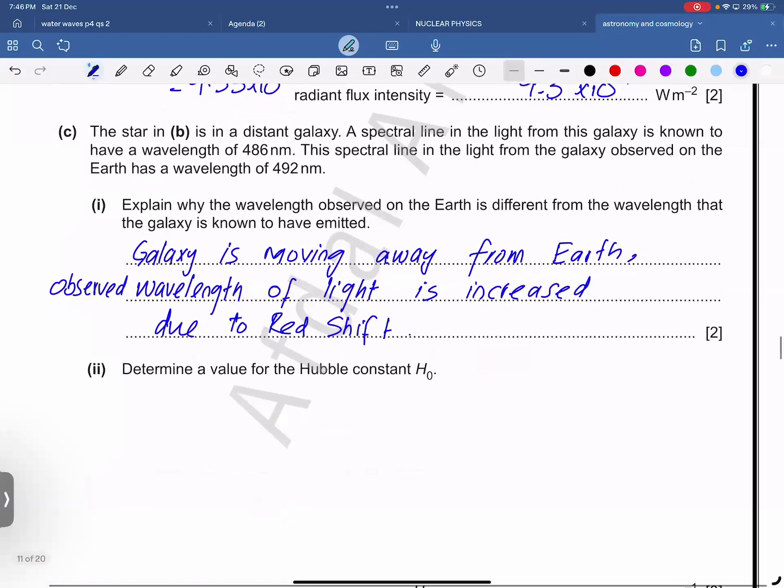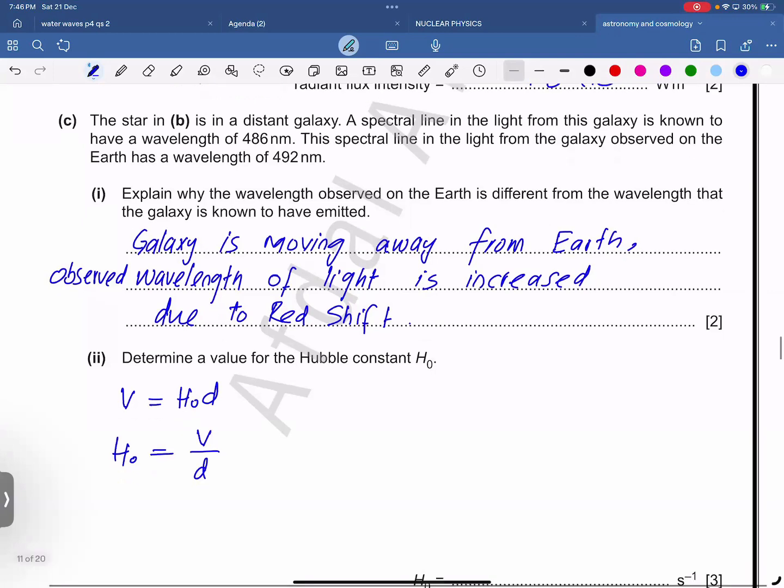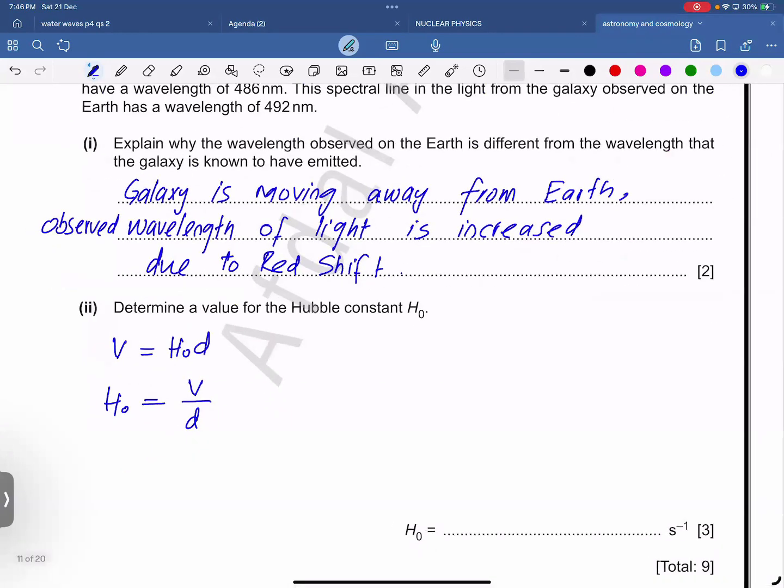Determine the value of Hubble's constant. Okay, so now my dear, indirect question. Hubble's constant, you know V equals H naught D. So H naught is, I can tell, 2.3 into 10 power negative 18. Okay, so it is V over D. So V we need to find first.